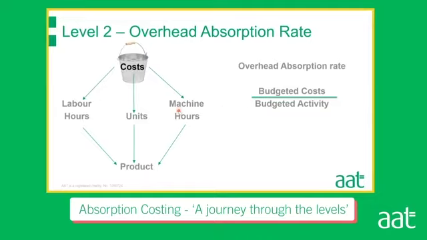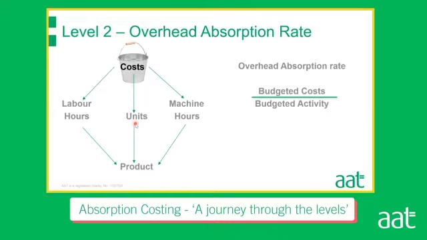The simplest one to go for is units. I add up all of the units of product or all of the units of service that I think I'm going to produce in the next period, and the sum total I divide into my budgeted cost. I now have an overhead absorption rate. I have a means to charge a share of that bucket to my individual products or individual services or activities. Job done. I can complete that cost card.